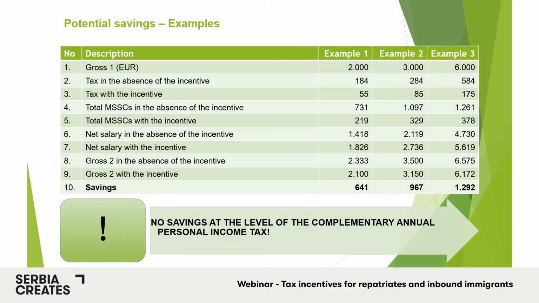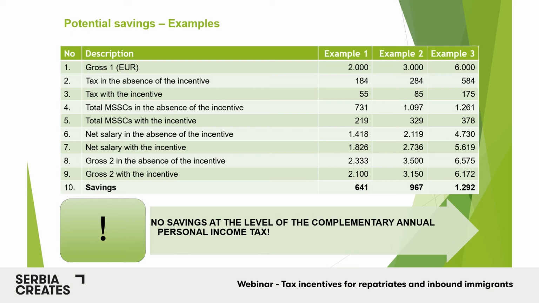three examples. So let's assume that we provide a gross salary of 2,000 euros to our employee. Without the incentive, he or she would receive a net salary of 1,418 euros, while your total cost would be 2,333 euros. But with the incentive, the net rises to 1,826 euros, while your total cost drops to 2,100 euros.